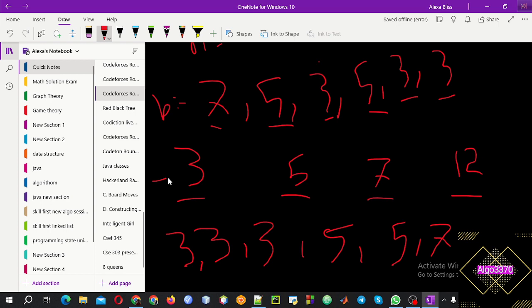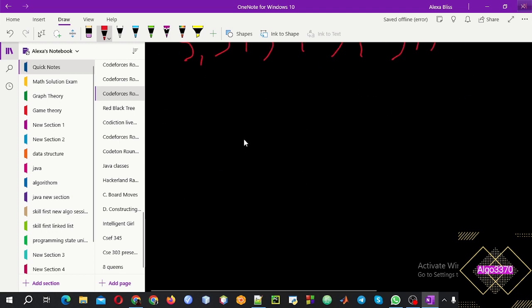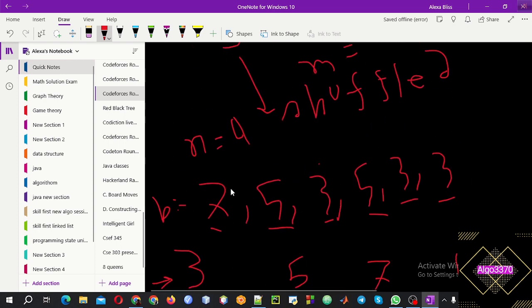So this is our original array a. This is our main requirement, or the main graphic view of this problem. Now, as our answer is always possible and the array element b is shuffled, that means we have to consider the count of every number.